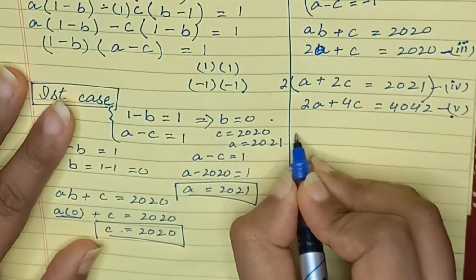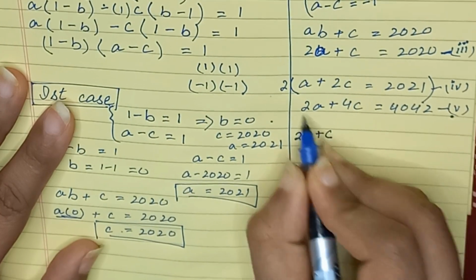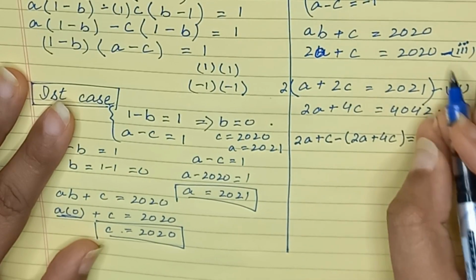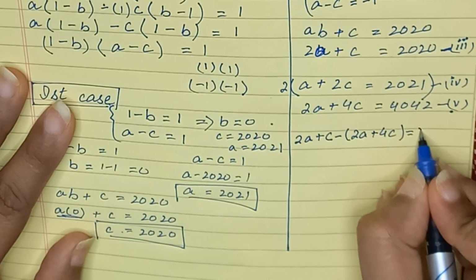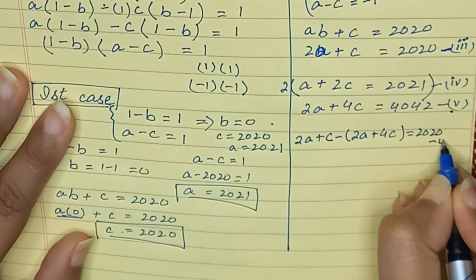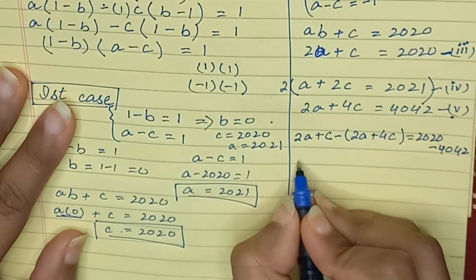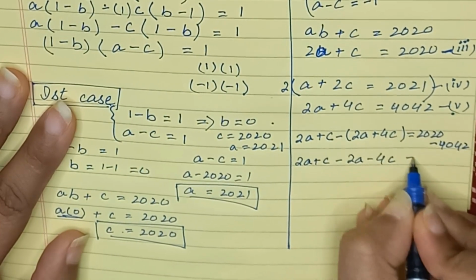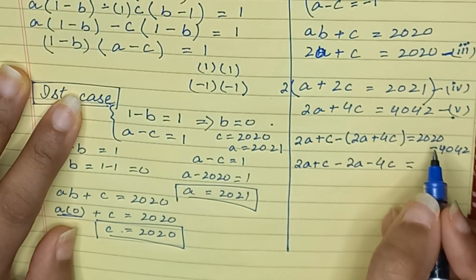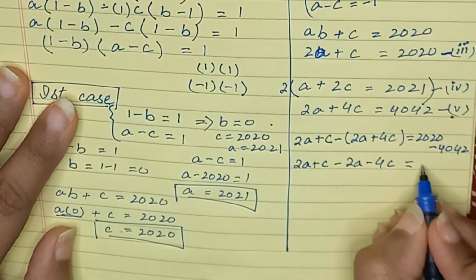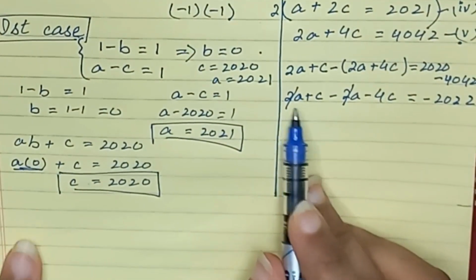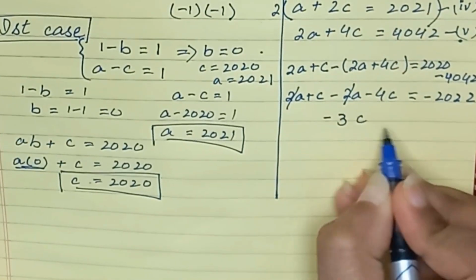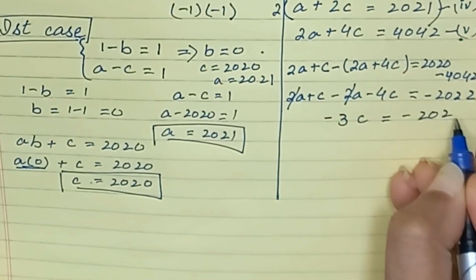So it will become 2a plus c minus (2a plus 4c), which is equal to 2020 minus 4042. So it will become 2a plus c minus 2a minus 4c, and positive 2a and negative 2a will cancel out, and it will become minus 3c, which is equal to minus 2022.